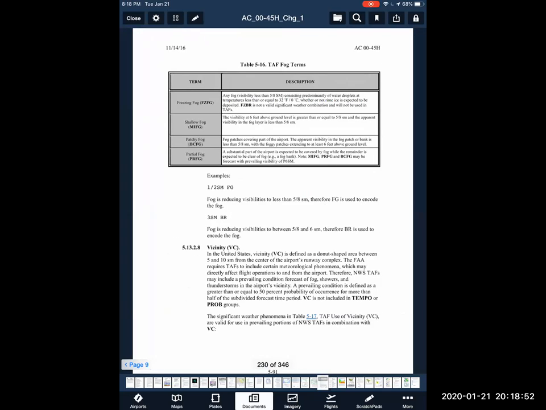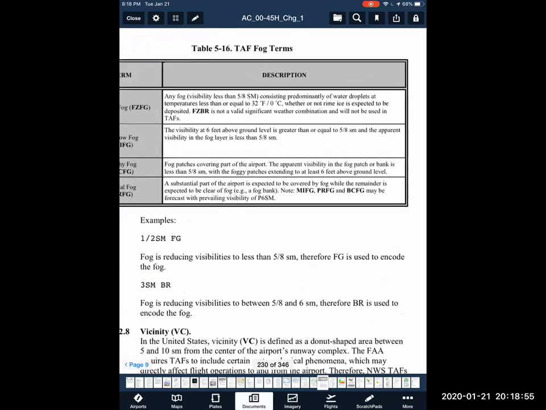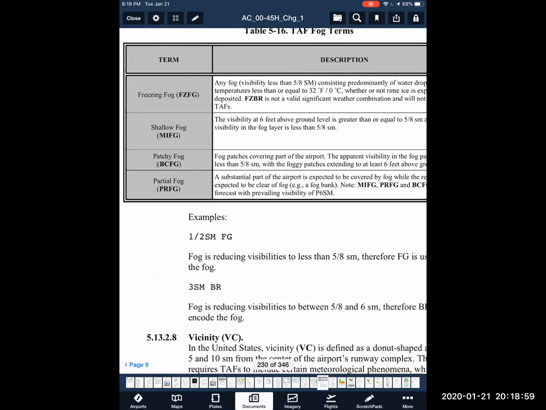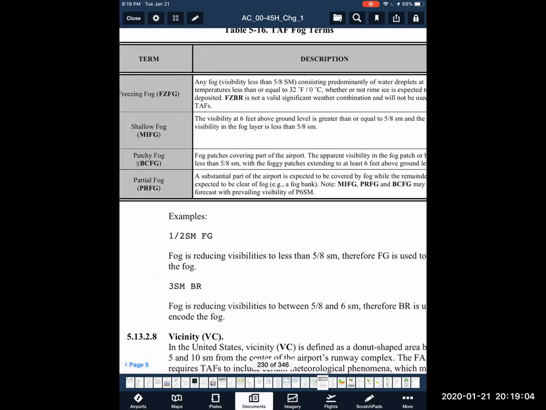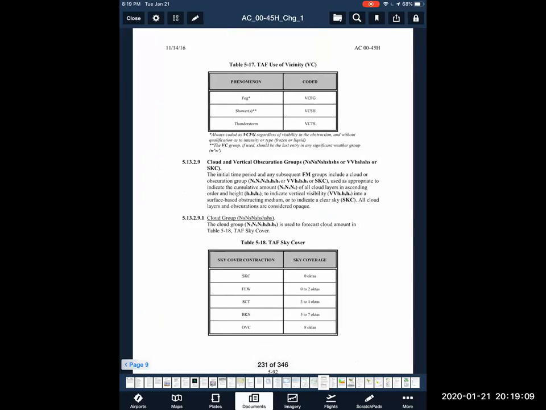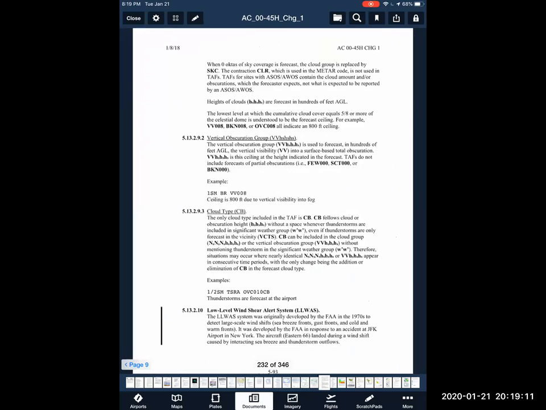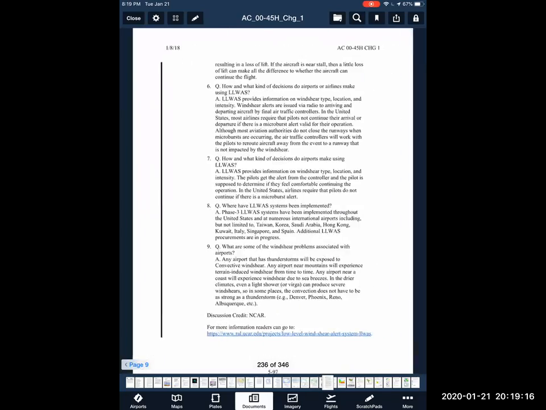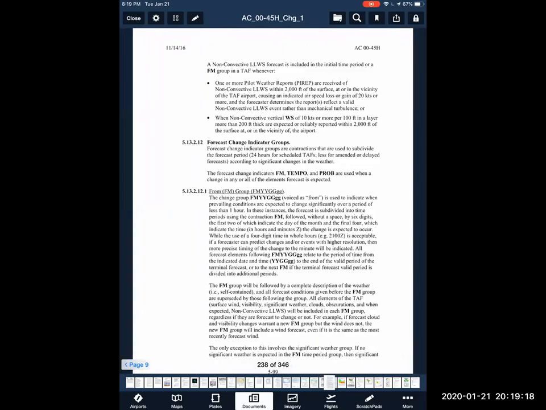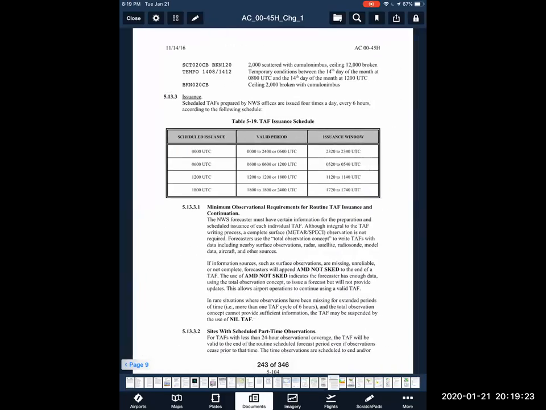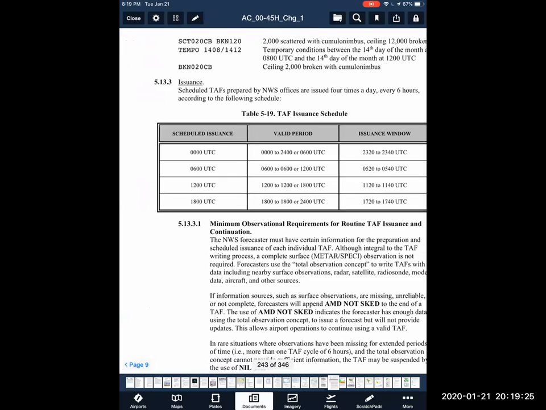And then of course they give you some examples, which are particularly useful as far as looking at a specific airport, and the different types of weather conditions that you could see with that. But still, we'll scroll on to the particular one that we're concerned with. And here's what we're looking for.